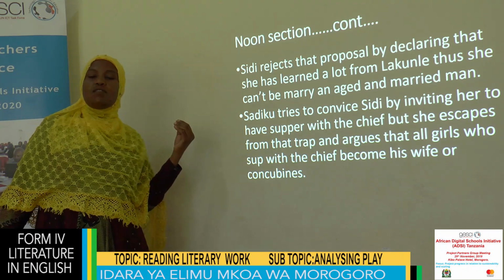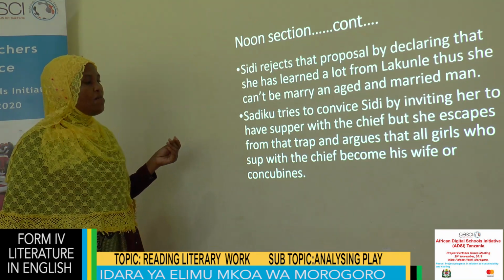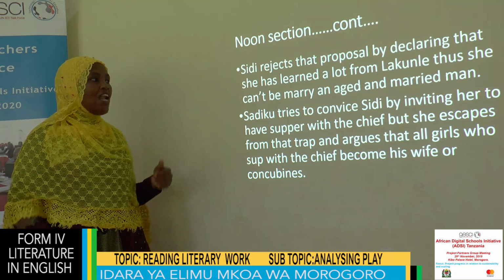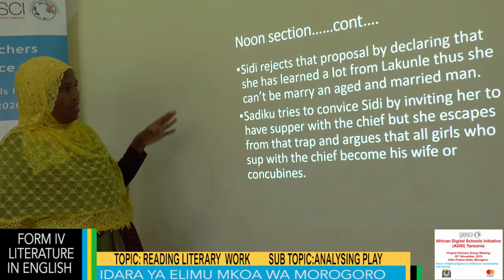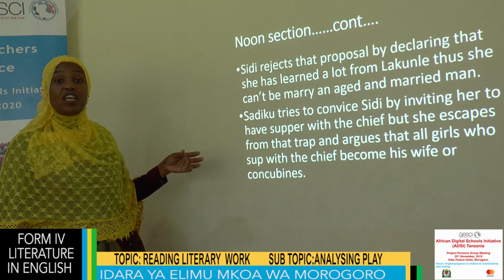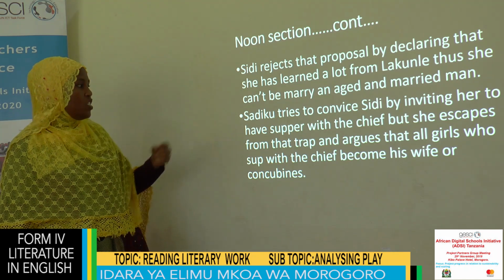When the girl received the message of being proposed to by Mr. Baroka, she rejected it, saying she has already learned a lot from Mr. Lakunle. Now she cannot be married to such an old man, a polygamist. She rejected that proposal.